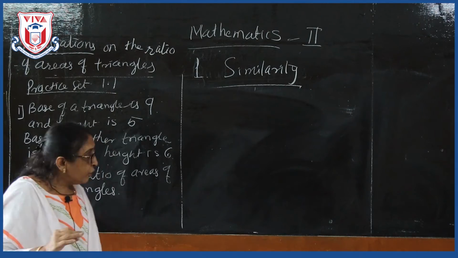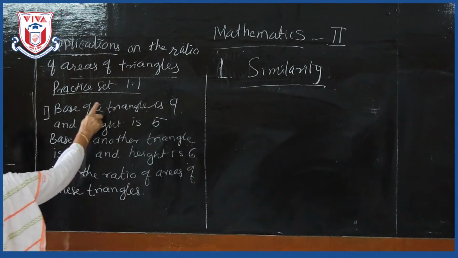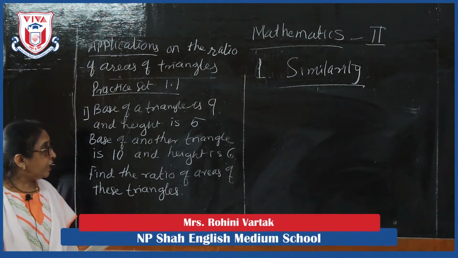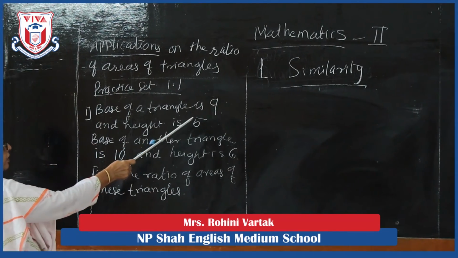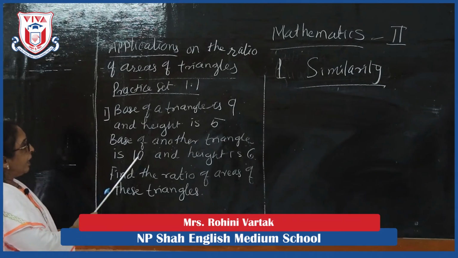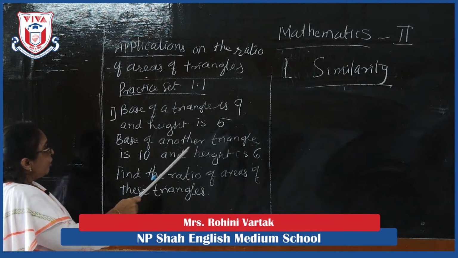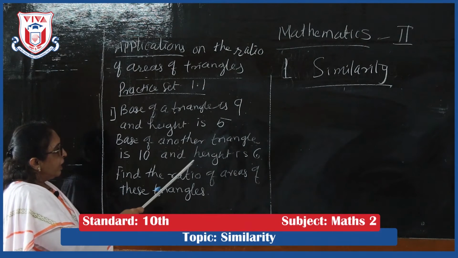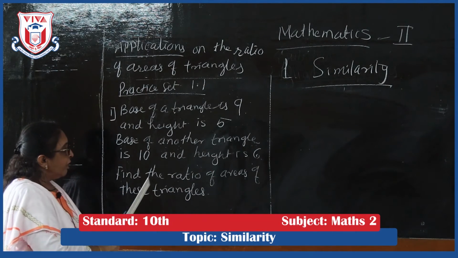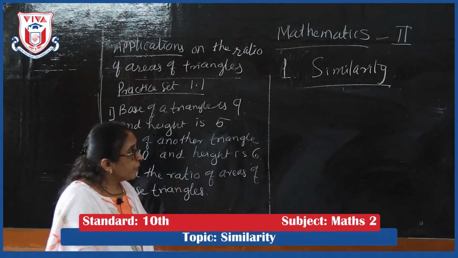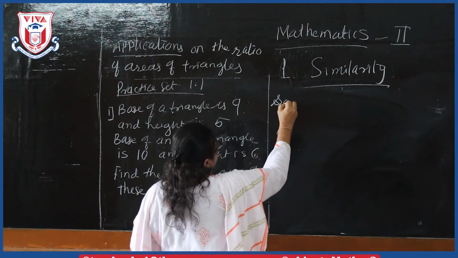The first question from practice set 1.1. Let us read the question. Base of a triangle is 9 and height is 5. Base of another triangle is 10 and height is 6. Find the ratio of areas of triangles. Let us see the solution.